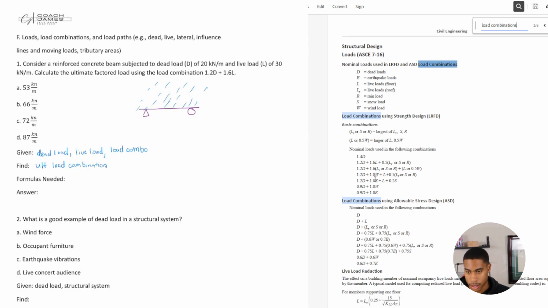In this particular formula, it would be 1.2. So you got some dead load. And dead load could be the weight of the beam. It could be the asphalt that's coming across, maybe a bridge, just stuff that's going to be there that's not going anywhere.